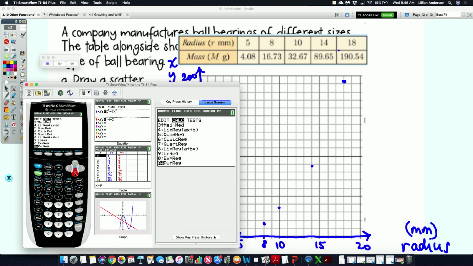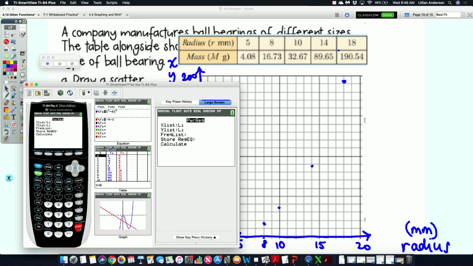So when you click enter, this is another thing that the older calculators and the newer calculators can differentiate. If your calculator looks like my screen, follow along. You want to make sure that your L1 is your X list.